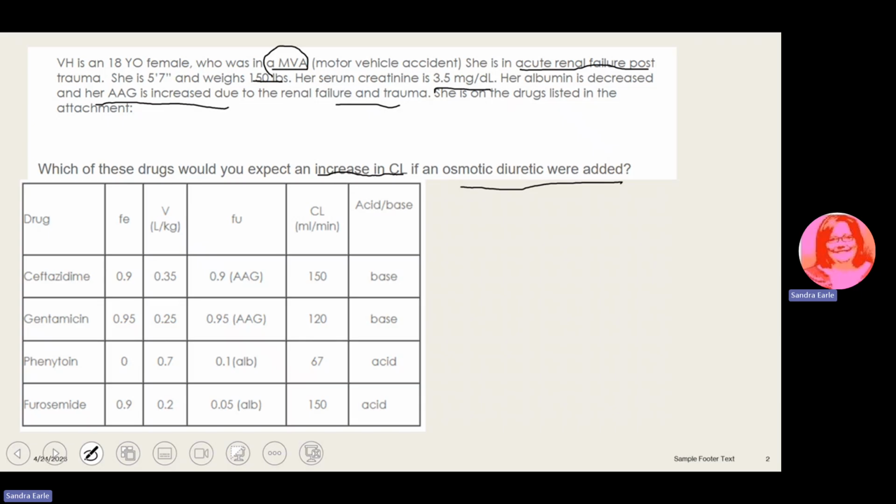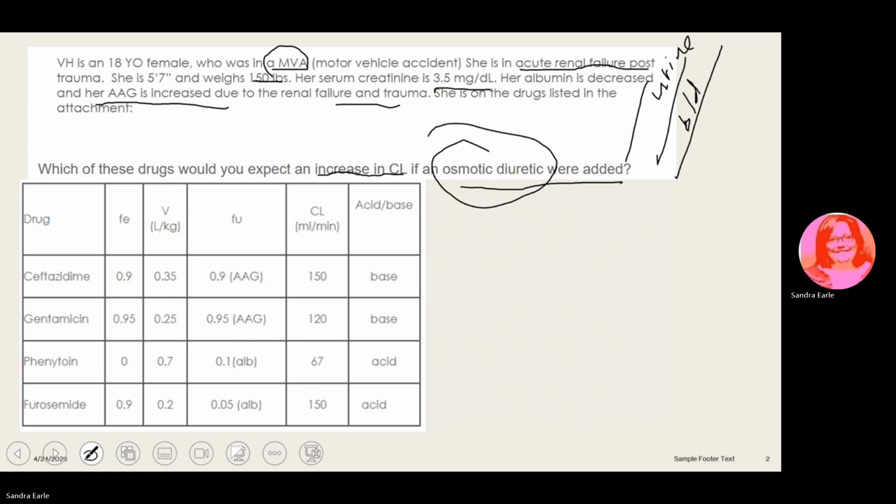All right, so an osmotic diuretic, what is that going to do? Well, an osmotic diuretic is going to draw more water. So if this is the urine, this is the nephron, and this is the blood, an osmotic diuretic is going to draw more water into the urine and definitely block anything going back out into the blood, thereby making the drug that is in the nephron more and more dilute, isn't it?